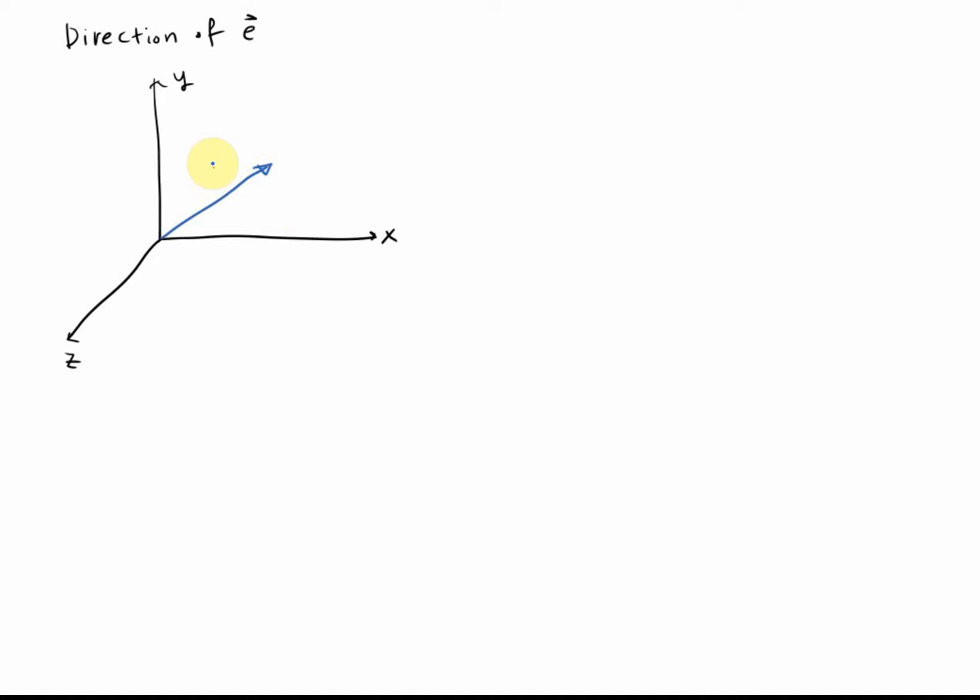So let me talk a little more about the direction of an arbitrary vector in this space. If I make another coordinate system like that, so let's say this is x and y, and this is z, and then you define an arbitrary vector, let's say this is u.